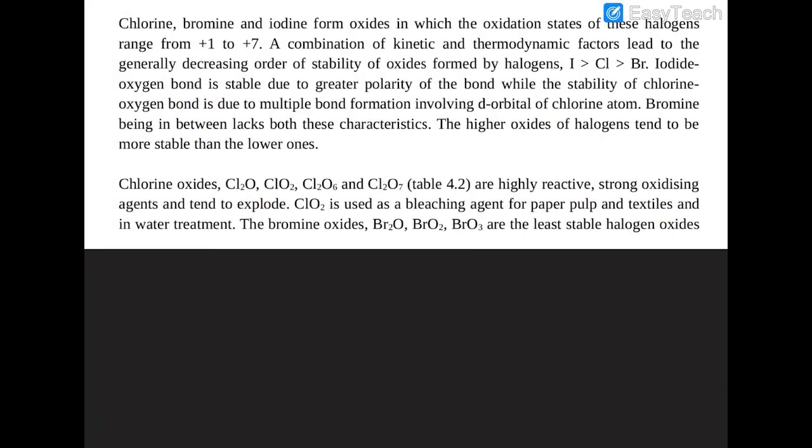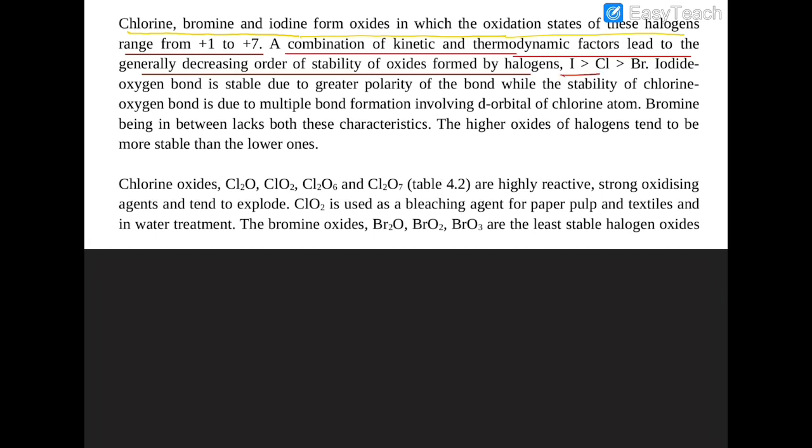Now, chlorine, bromine and iodine form oxides in which the oxidation state of the halogen ranges from +1 to +7. A combination of kinetic and thermodynamic factors leads to a decreasing order of stability of the oxides of the halogens.